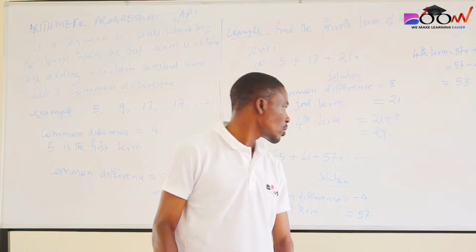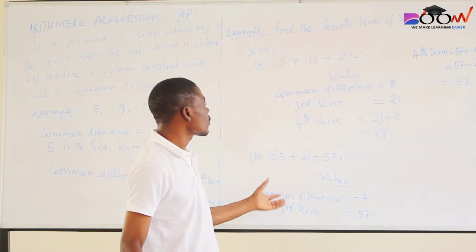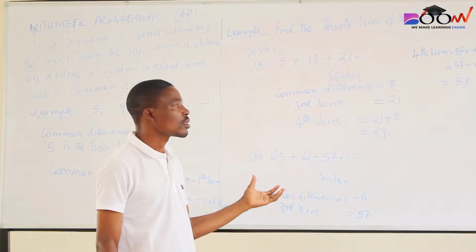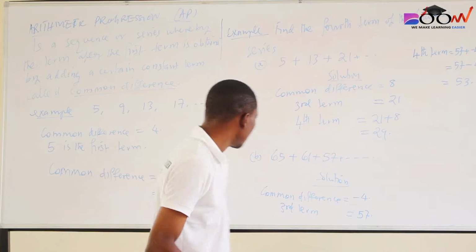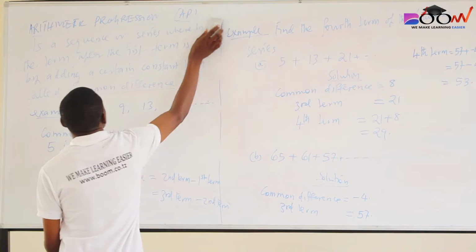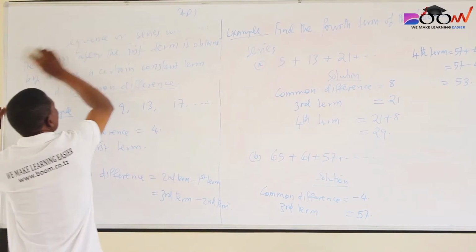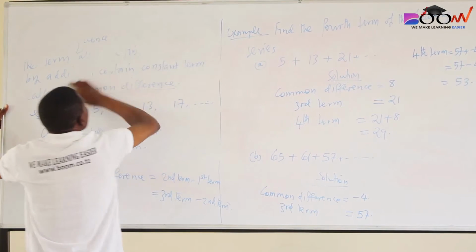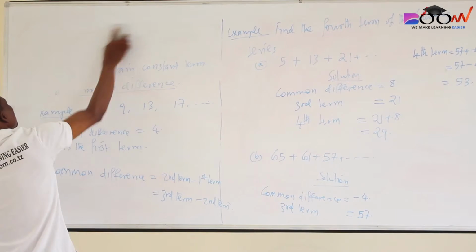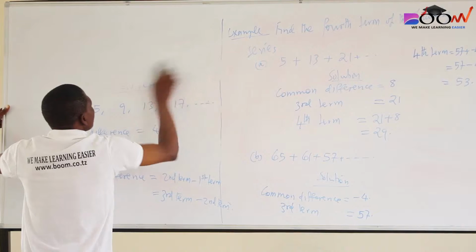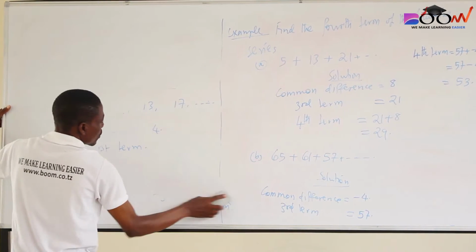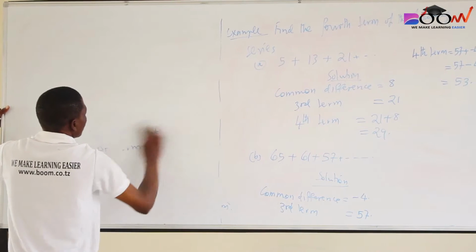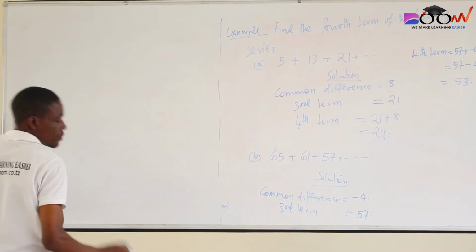So in that case, there is a need to talk about the nth term of arithmetic progressions, the general formula for getting the number in any position.